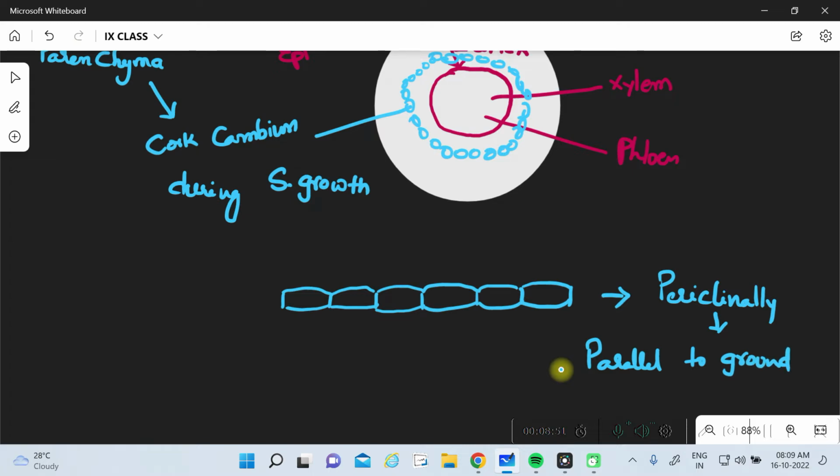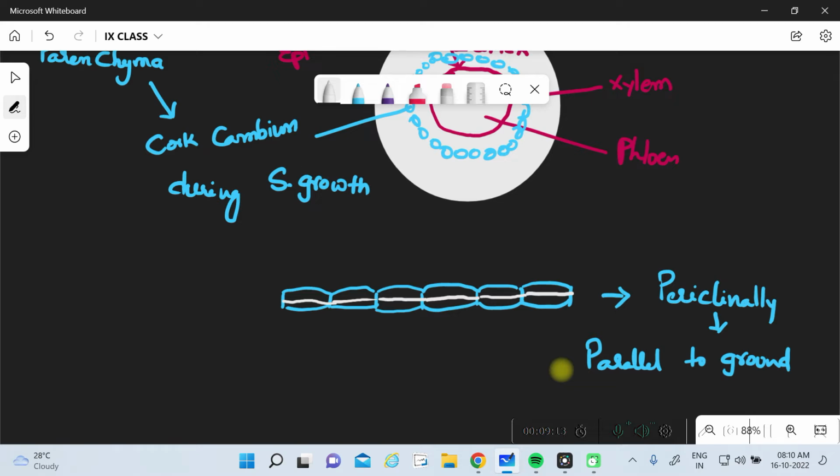So now let us divide. This cell has divided, this cell has divided, this cell has divided, this cell has divided, this cell has divided, this cell has divided. Okay.